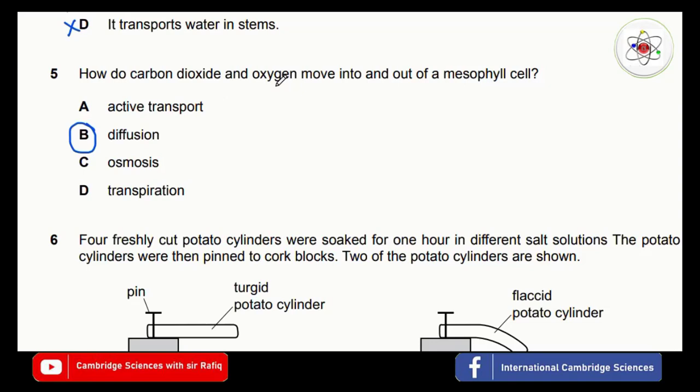And oxygen, when it is produced during photosynthesis, goes out through stomata into the air. Whereas active transport is the movement of particles from lower concentration to higher concentration, against the concentration gradient. In osmosis, a semi-permeable membrane is required, and transpiration is just the loss of excess water from the plant.